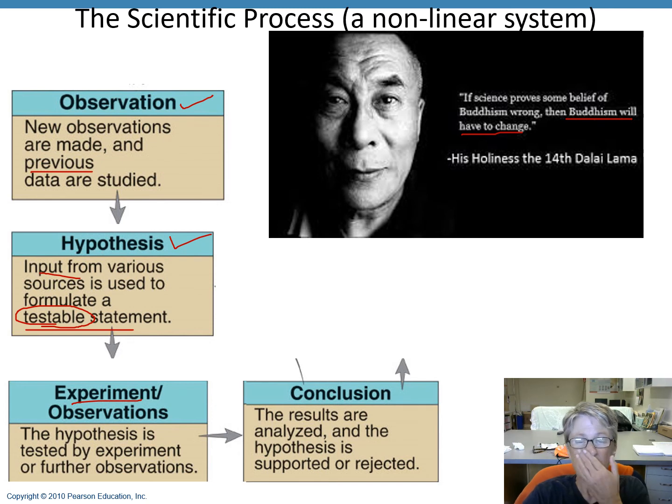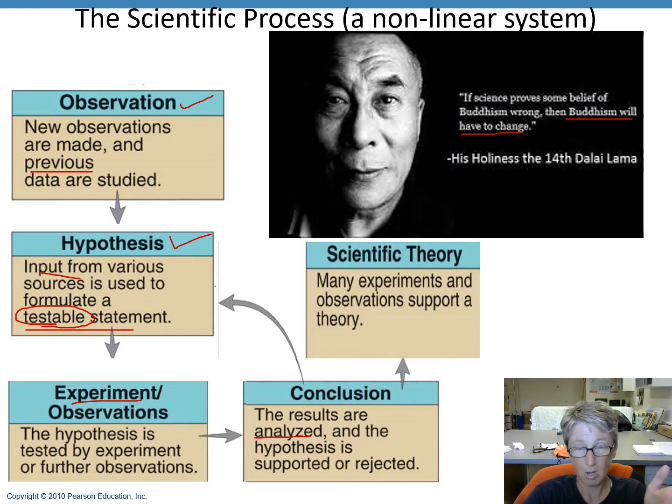After you test it, you analyze the results, and then your conclusion is you either accept your hypothesis or you reject your hypothesis. If you reject your hypothesis, you retweak your hypothesis and try again. And that's where this arrow goes. So if you reject your hypothesis, you can make a new hypothesis.